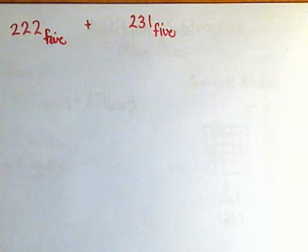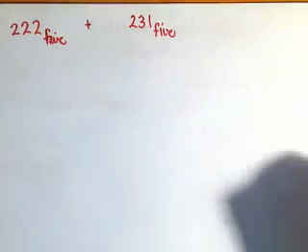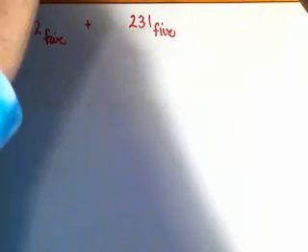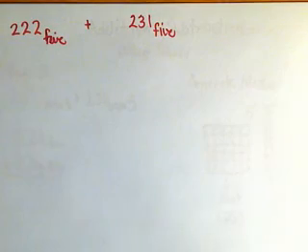Okay, so now we're going to actually look at the physical model of 222 base 5 plus 231 base 5. In order to do that, students are probably not going to have access to base 5 blocks, because we typically don't see those unless you make them for the students using cardstock and laminate.